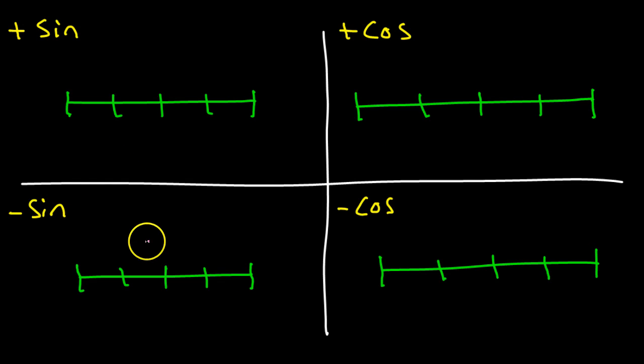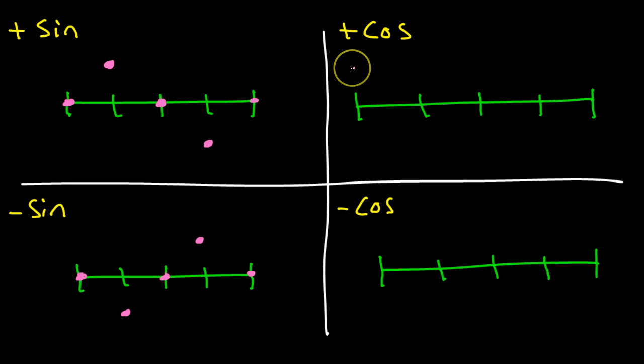So in general, just a quick overview, if you have a positive sine function, it starts on the midline, and then it goes above, back to the midline, below, back to the midline. I would connect these. But if I have a reflection sine function, it still starts at the midline, but instead of going up, it goes down, back to the midline, above, back to the midline.